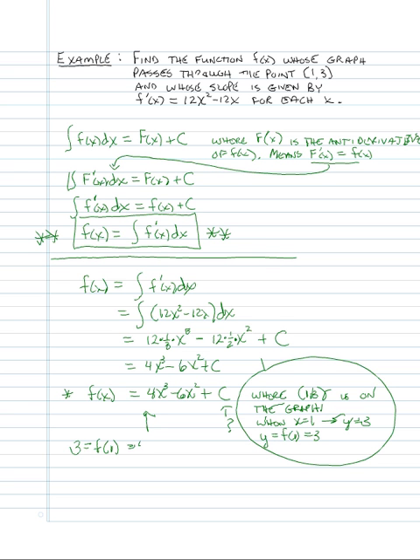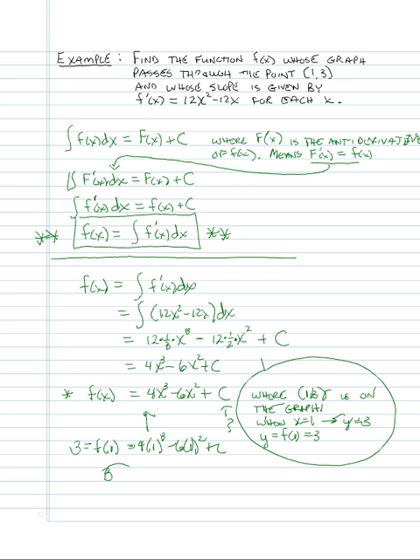On the other hand, if we put a 1 into the function, it tells us that we should get 4 times 1 cubed minus 6 times 1 squared plus c. We know that it gives us, by definition, what we have on the right, but because it goes through the point (1, 3), when we put 1 in, we also have to get a 3.